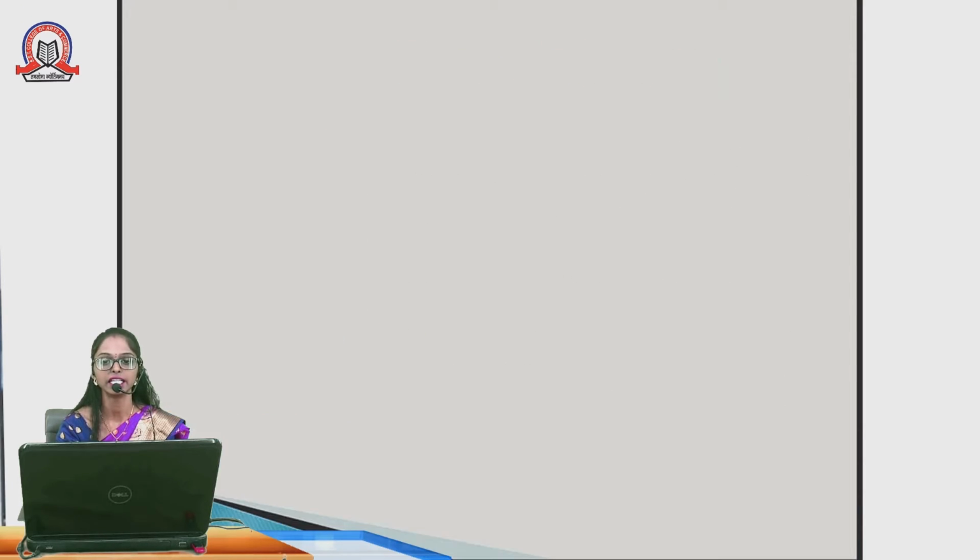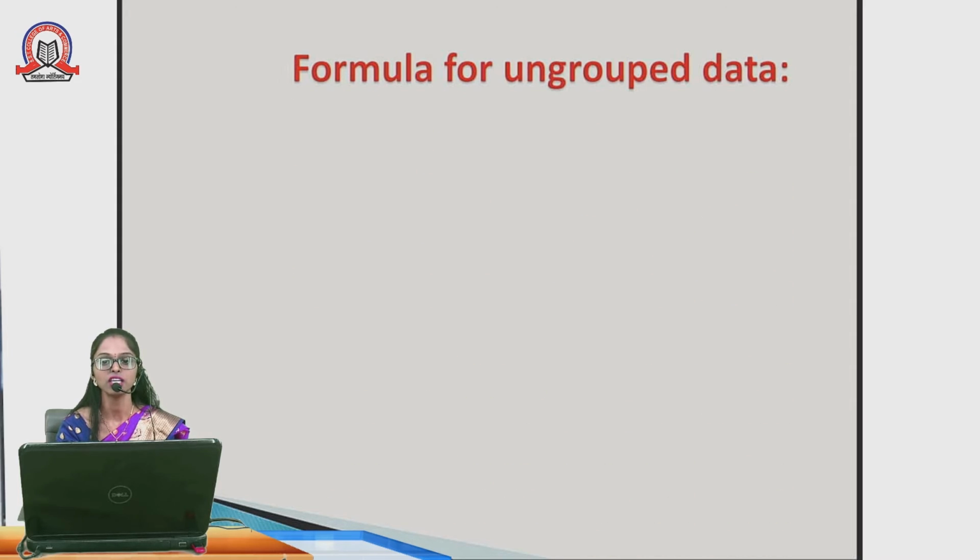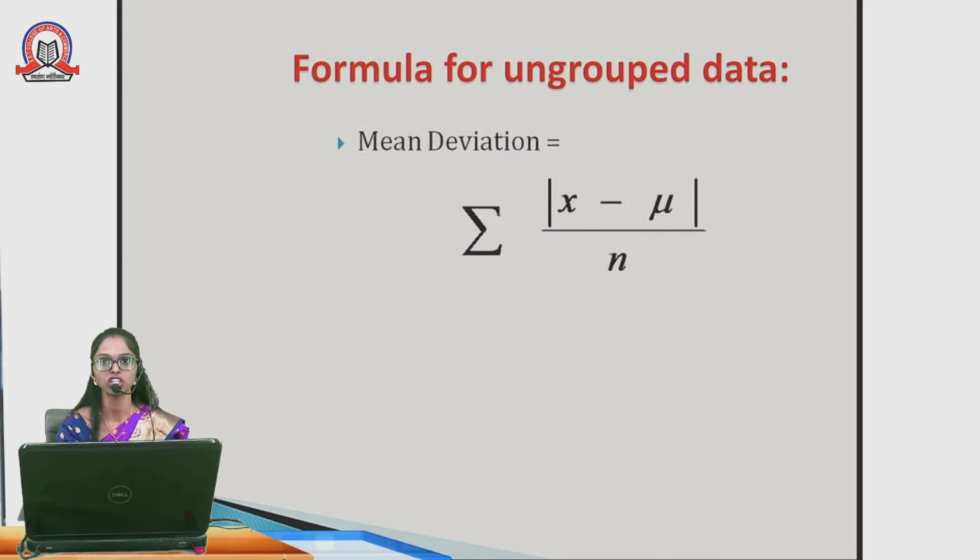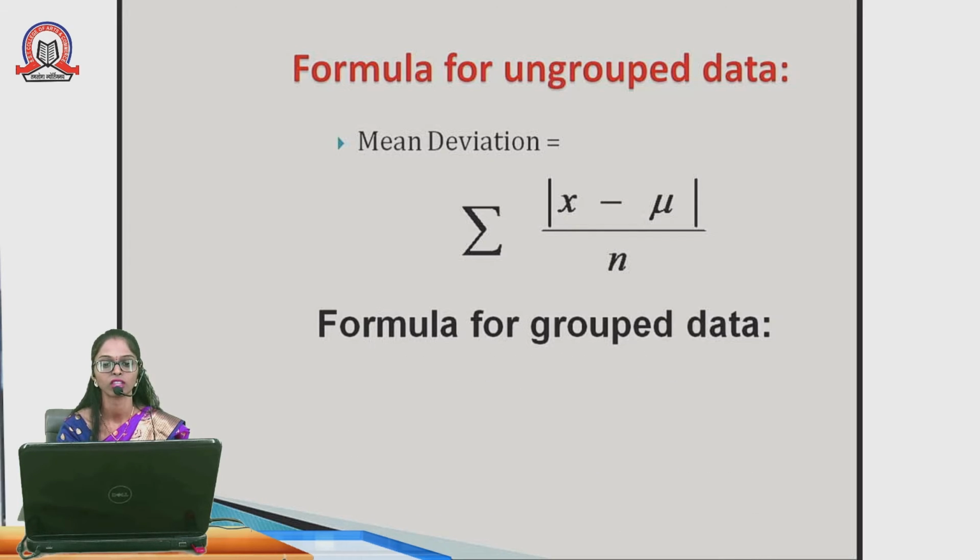Now we see formula for ungrouped data to find the mean deviation. Mean deviation for ungrouped data is summation of |x minus mu| divided by n, where n indicates the number of observations, x means data set value, and mu means mean of the data.